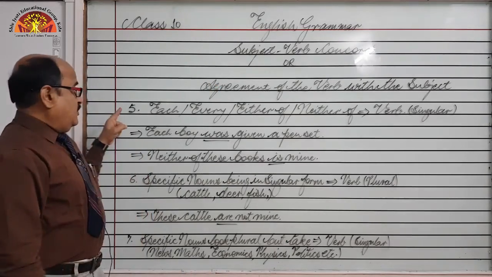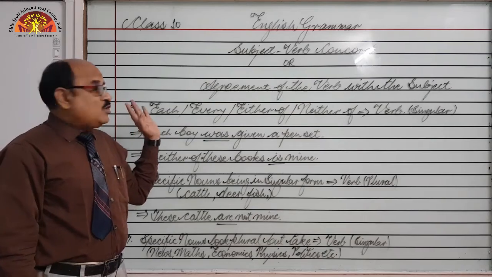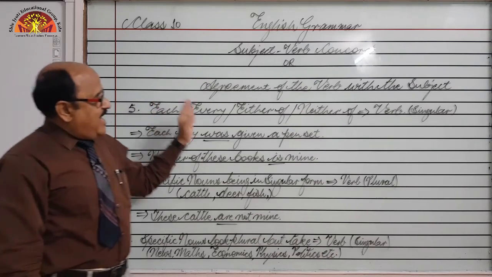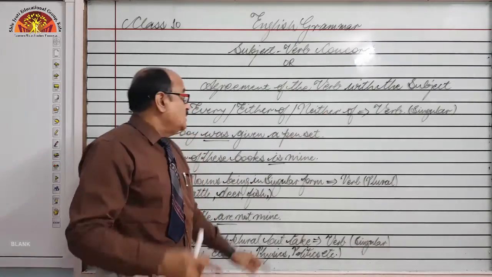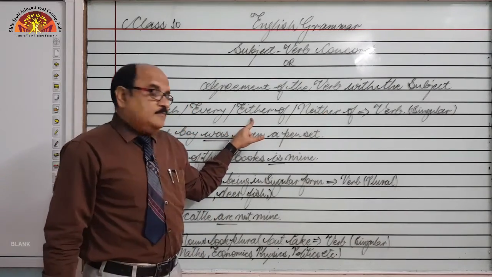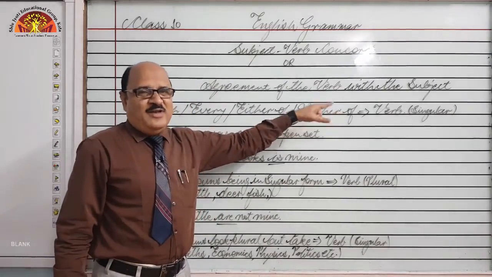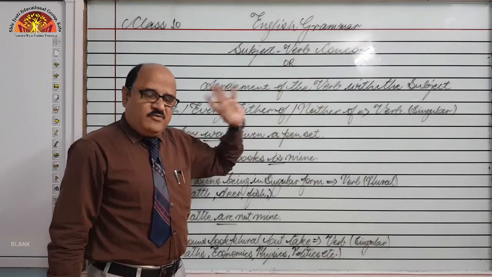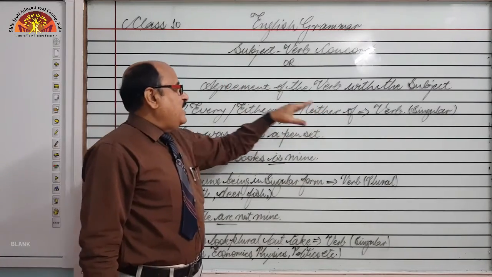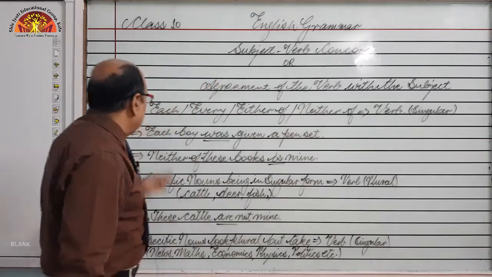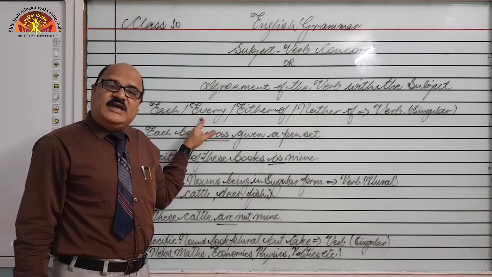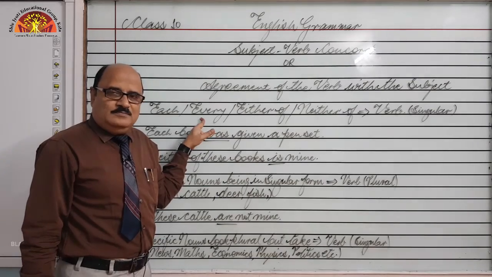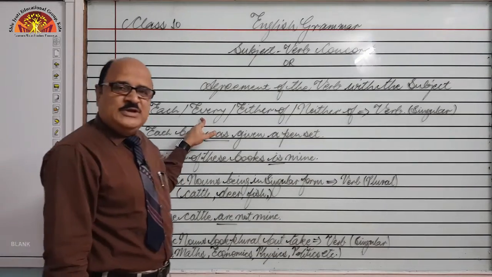So, students, the next rule is whenever you come across each, every, either of, neither of. Don't get confused. This is not either-or, neither-nor, as we have learnt previously. So, they are either of and neither of. Each and every always take the subject in its singular form, so obviously the verb will also be singular.